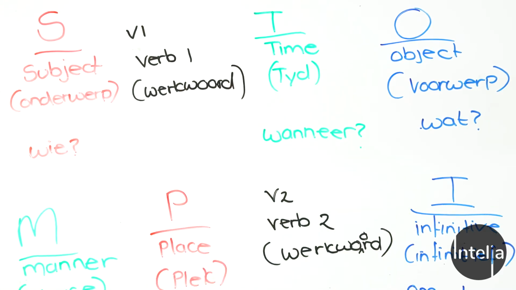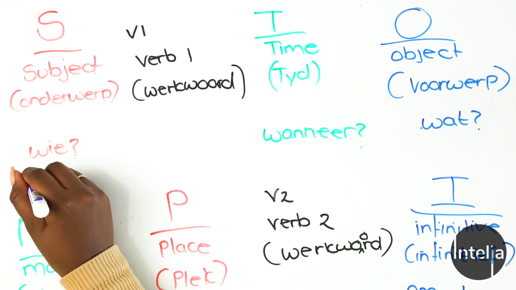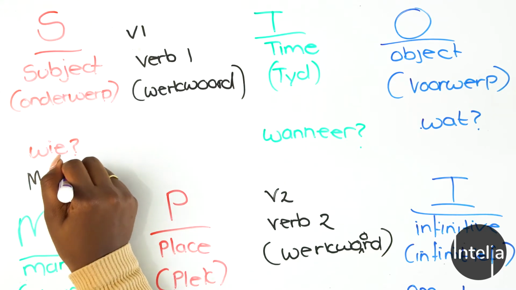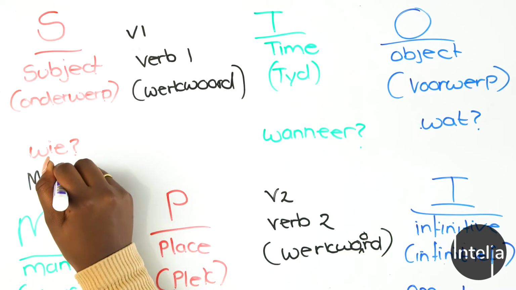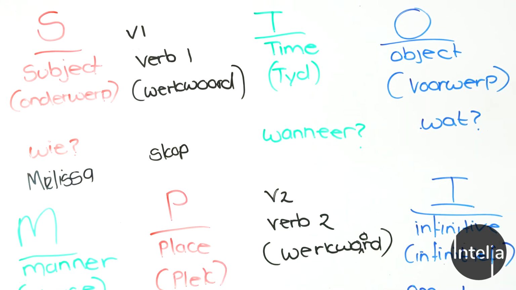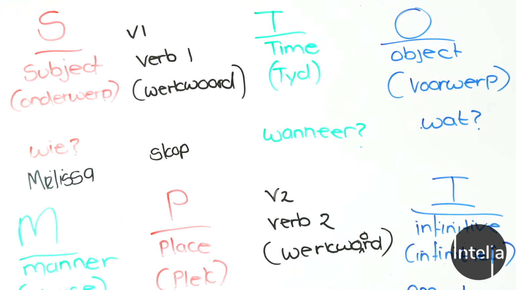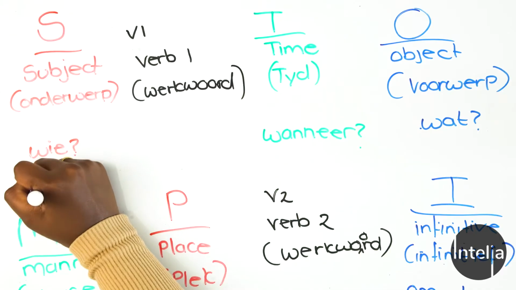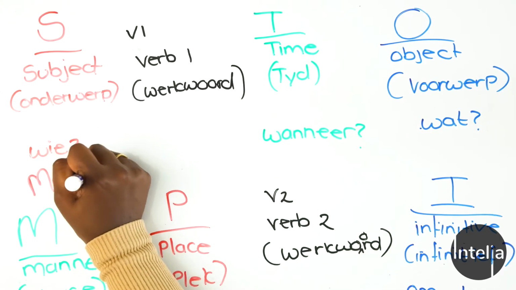So I can say Melissa skop. Okay, Melissa skop. Actually, let me write it in its designated colors so that we don't get confused. So our subject is wie, Melissa.